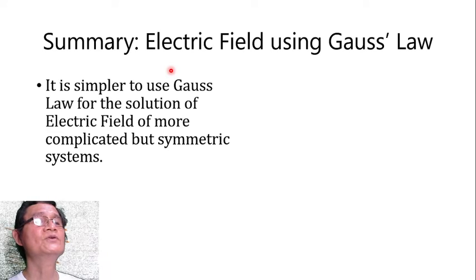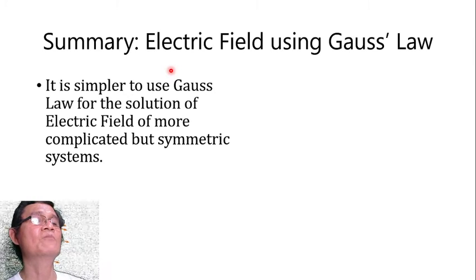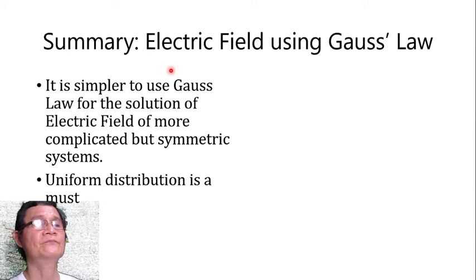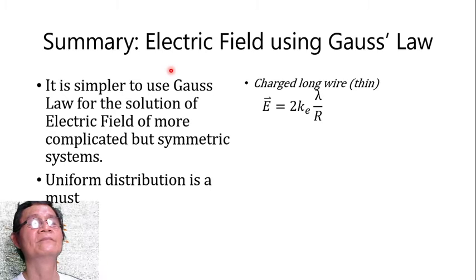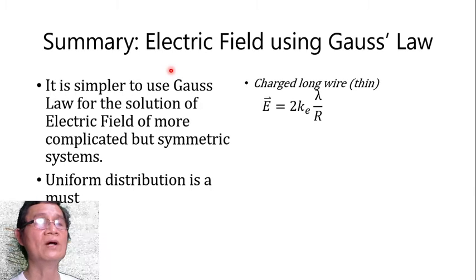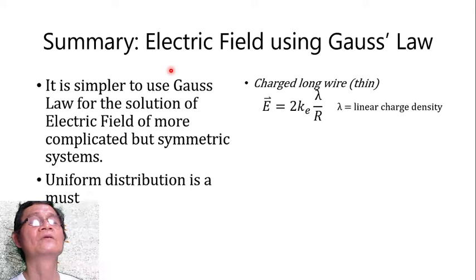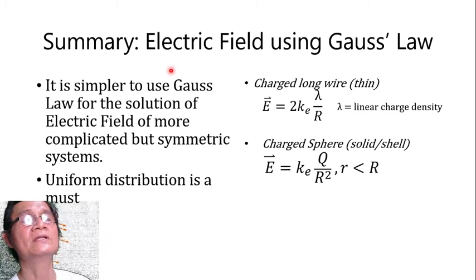It is simpler to use Gauss' law for the solution of electric field of more complicated but symmetric systems. And uniform distribution is a must in this kind of system. So for a charged long wire, which has to be thin and long, we have 2k_e lambda over r, with lambda as the linear charge density.